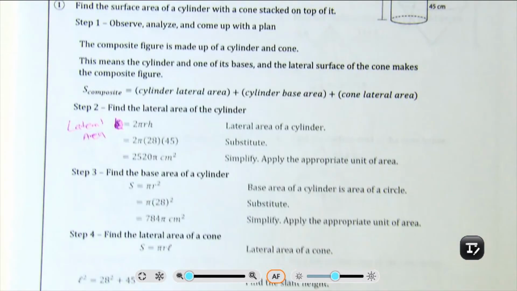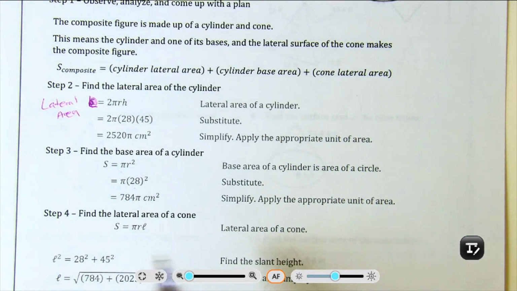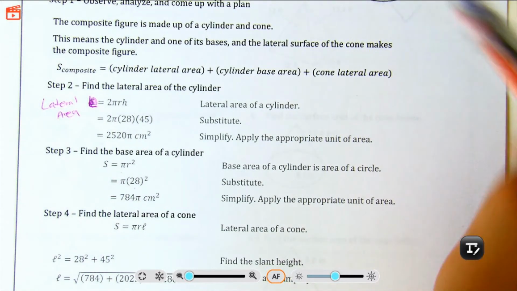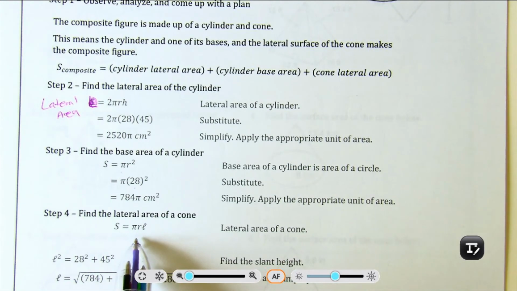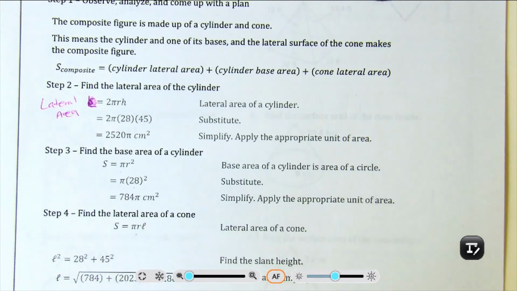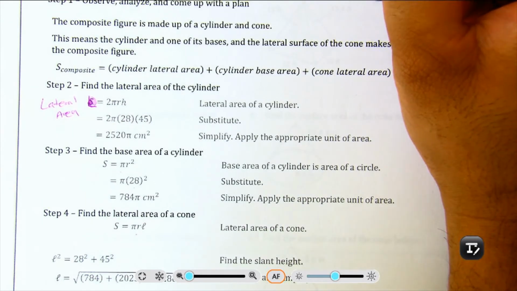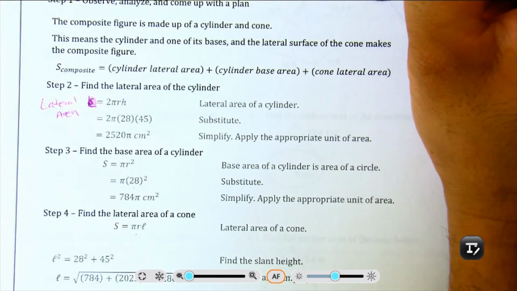And now we focus on the cone. Because we're not worried about the base of the cone, we just use this pi r L formula. But we are not given the slant height, and that's what this math is here. So imagine you're trying to find the slant height of this object.